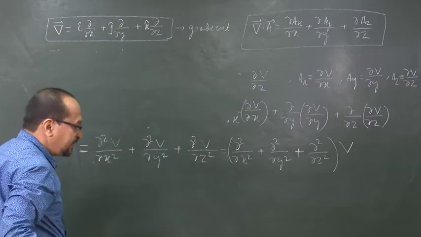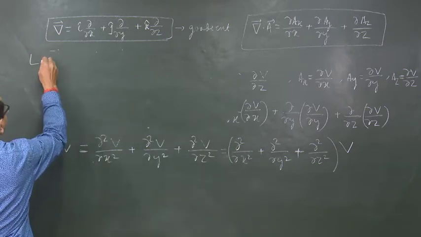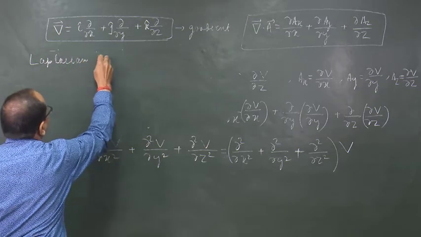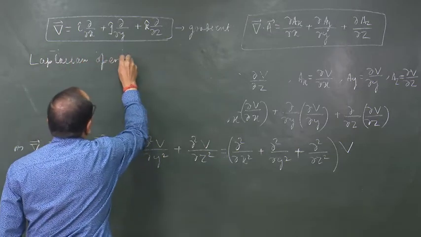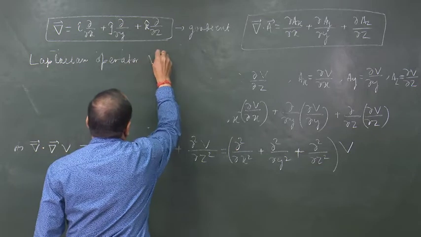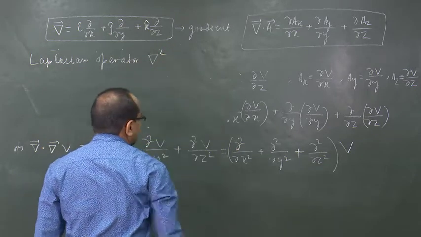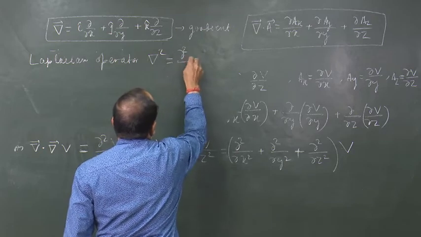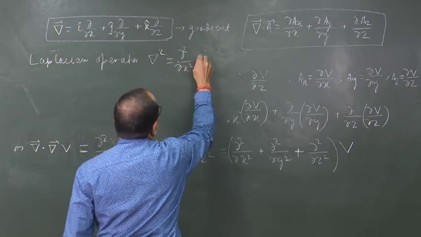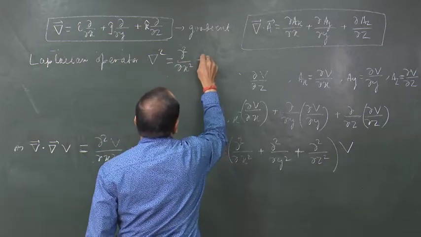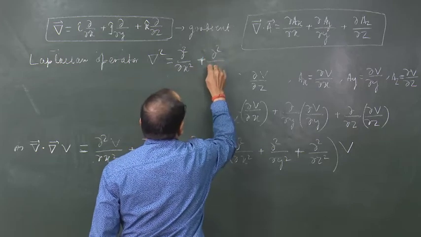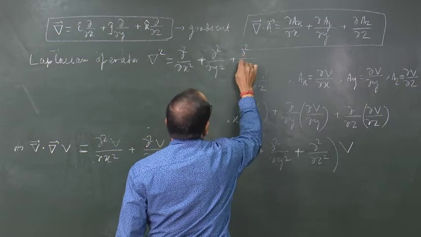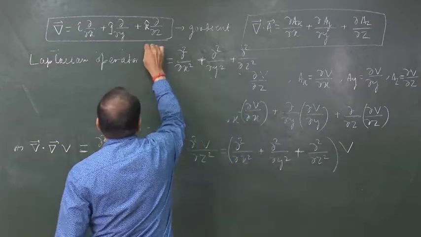We call it the Laplacian operator, and it is written as del square is equal to del square by del x square plus del square by del y square plus del square by del z square.